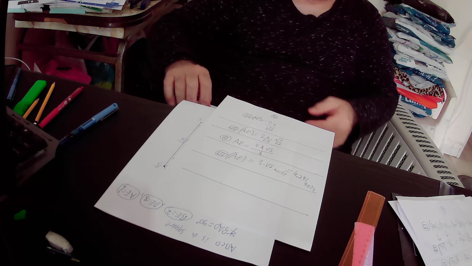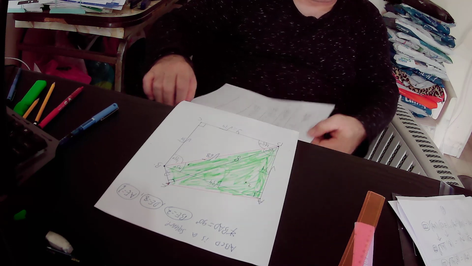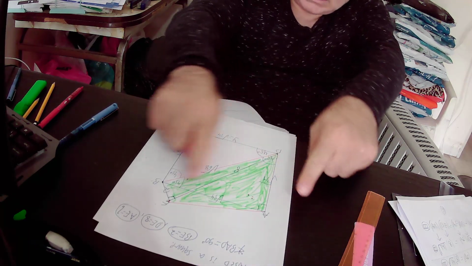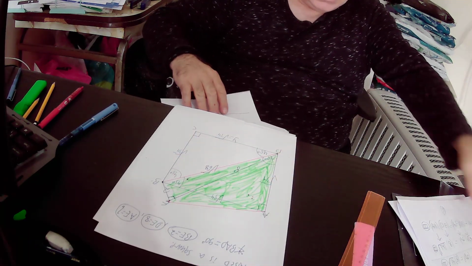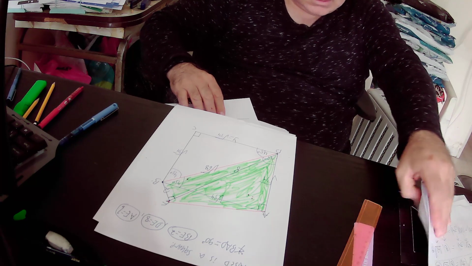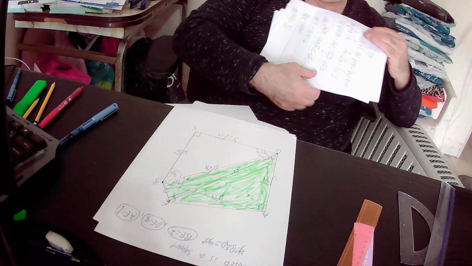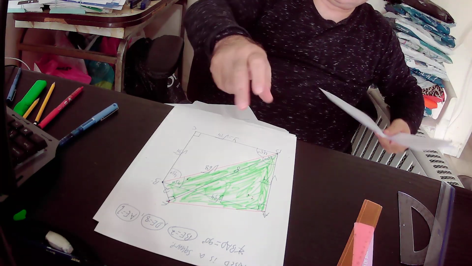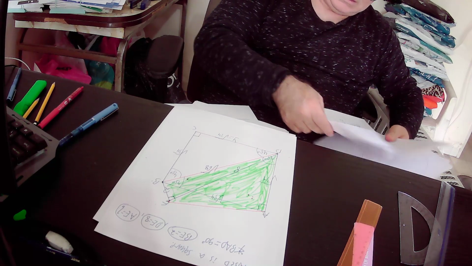Now I will summarize the lecture. Actually, we wanted to find out the size of this line segment AE, and in this drawing we have square ABCD.